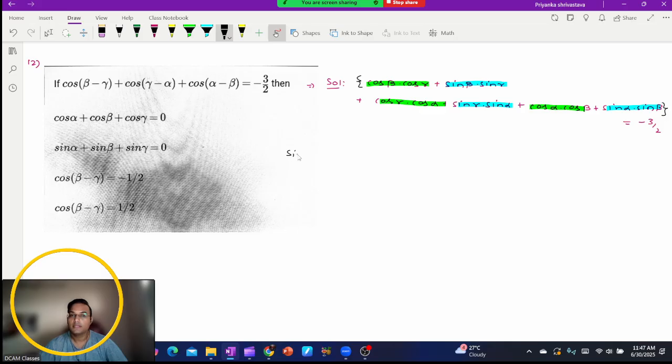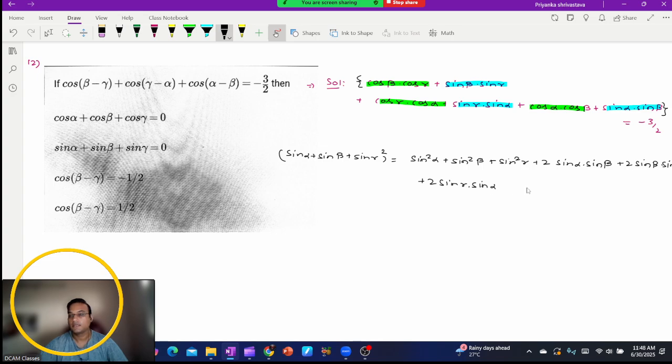If we take sin alpha plus sin beta plus sin gamma whole square, it will be what? Sin square alpha plus sin square beta plus sin square gamma plus 2 sin alpha sin beta plus 2 sin beta sin gamma plus 2 sin gamma sin alpha.